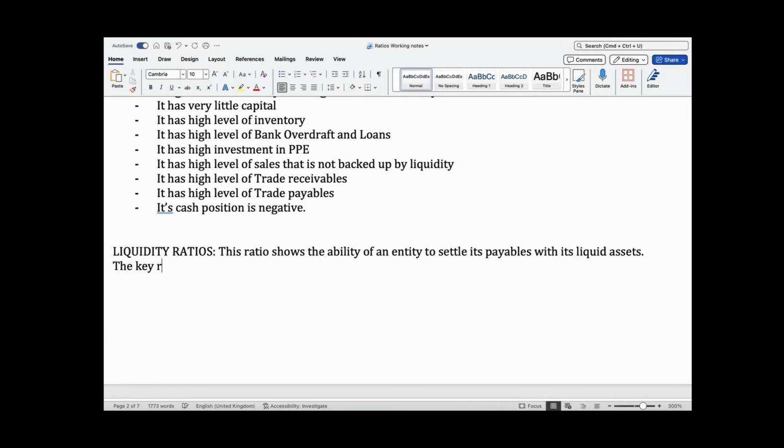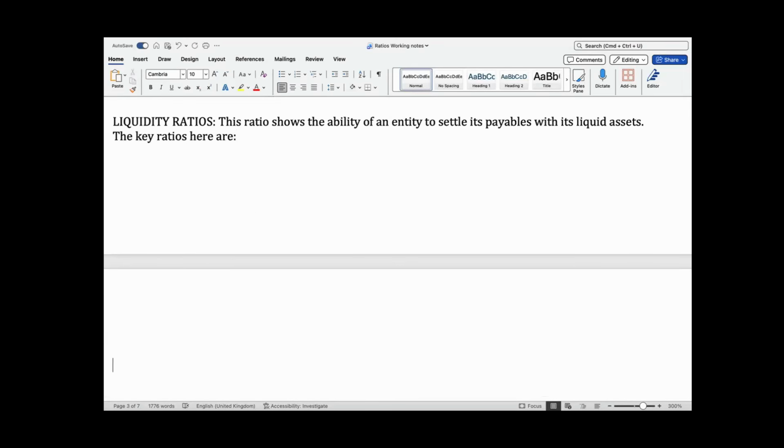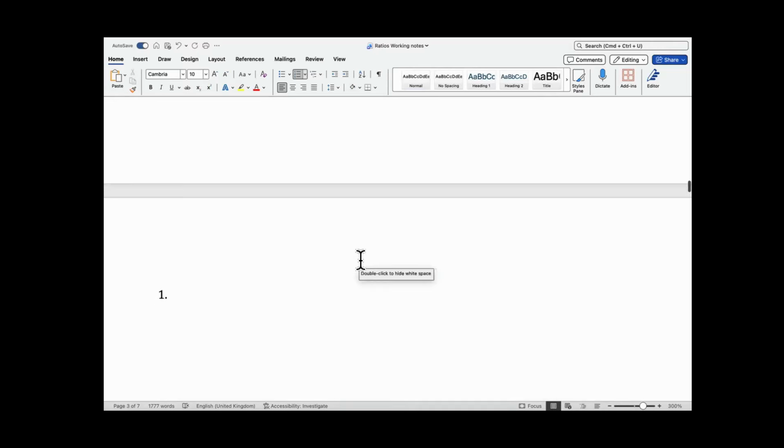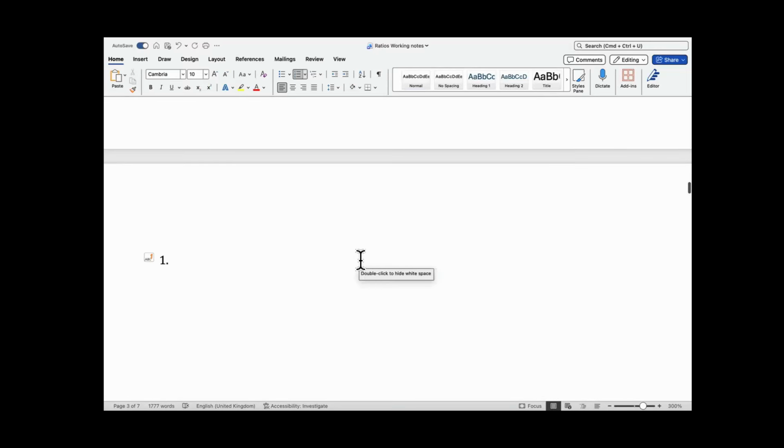So the key liquidity ratios, we have current ratio, we have acid test ratio.